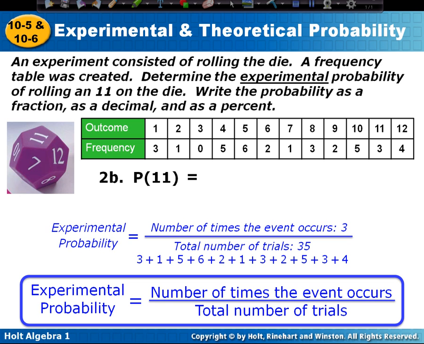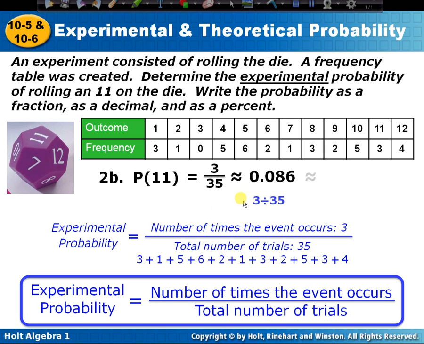And now I have to see how many times it landed on the number 11, because again, I'm looking at the experimental probability of it landing on 11. So it landed 3 out of 35 times on the number 11. So I'm going to write that as a fraction, 3 over 35. When I divide that out, 3 divided by 35, it's going to give me, and this is approximately equal, so that's showing me that I've rounded here, 0.086.